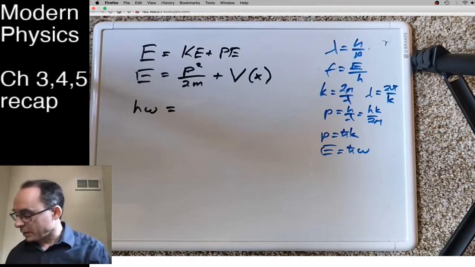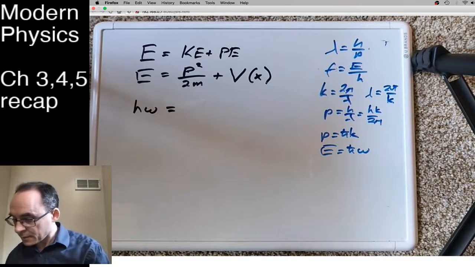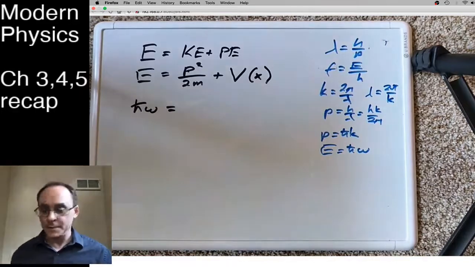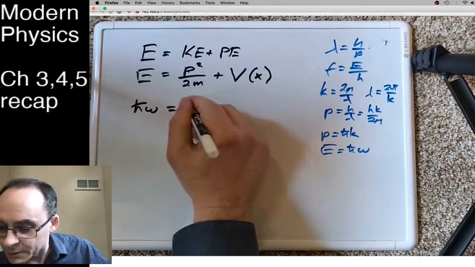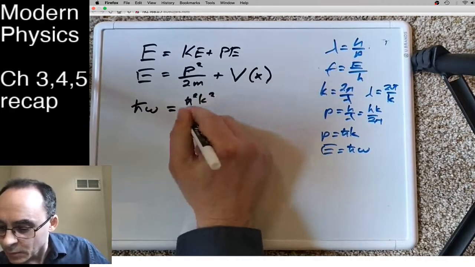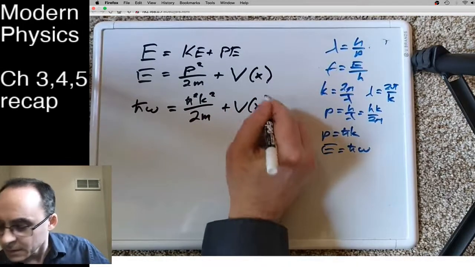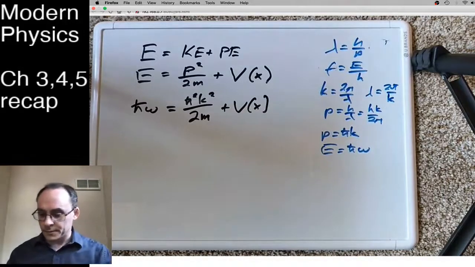Sometimes I forget about those factors. So energy is h bar omega, p squared will be h bar squared k squared over 2m, and then I'm going to leave the potential alone.